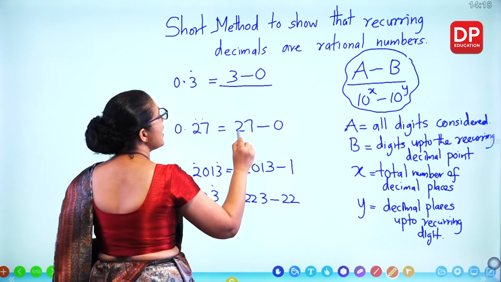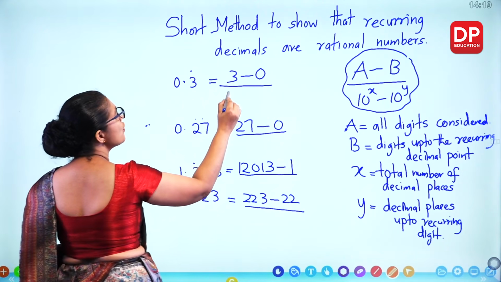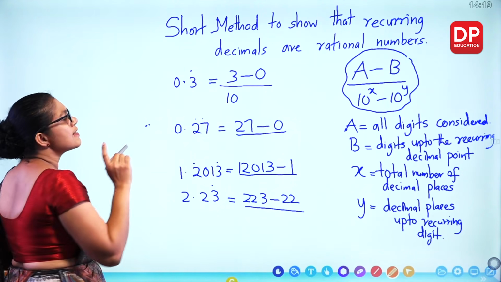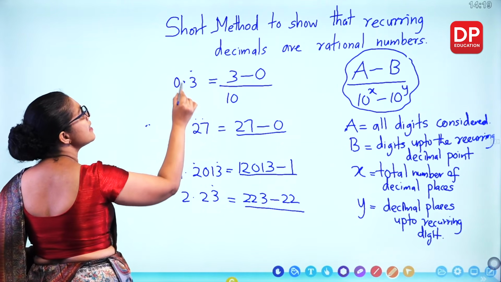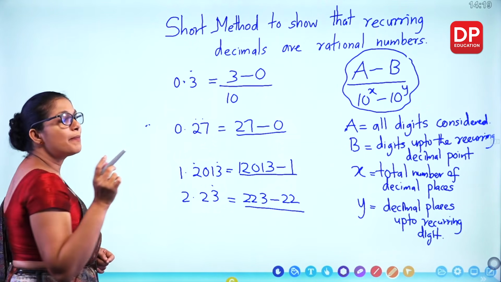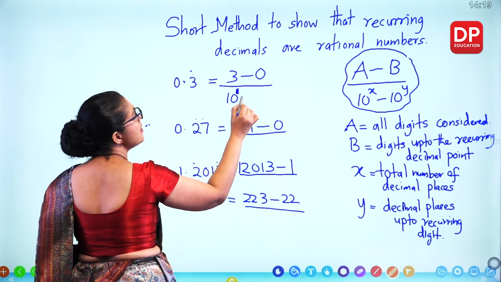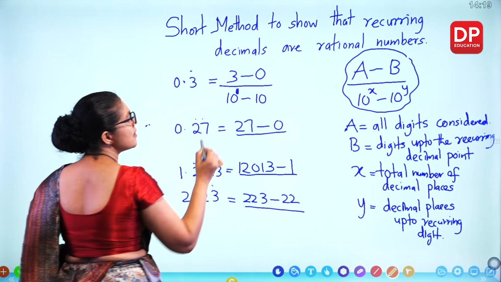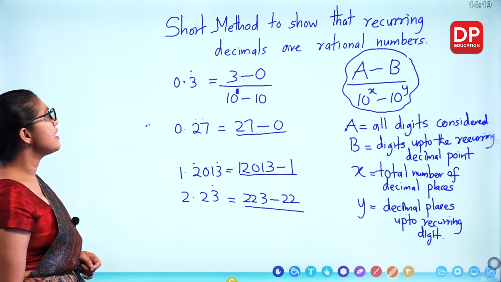We divide this by 10 to the power of the total number of decimal places. So in this case, how many decimal places are there? 1. So 10 to the power 1 minus 10 to the power of the decimal places up to the recurring digit.